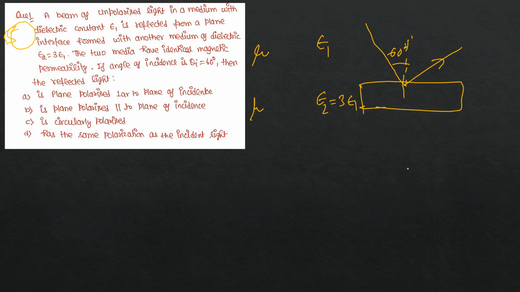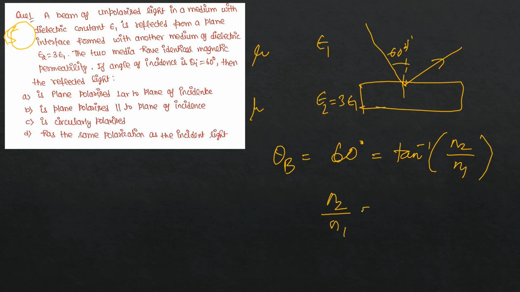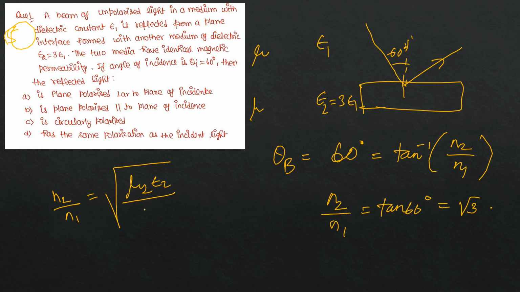Okay, so let's do it. So your theta b is how much? 60 degrees is equal to tan inverse n2 by n1, isn't it? So n2 by n1 is tan 60, which is root 3. We know n2 by n1 is root of mu 2 epsilon 2 by mu 1 epsilon 1.